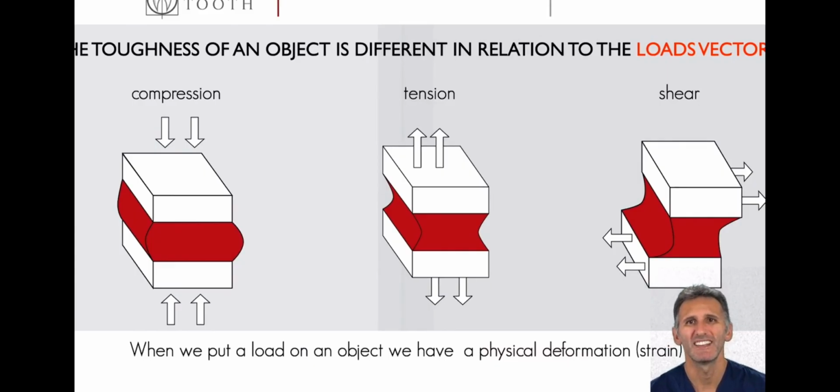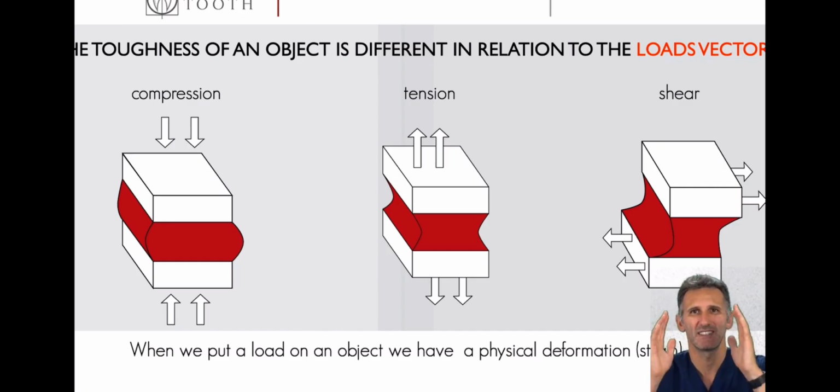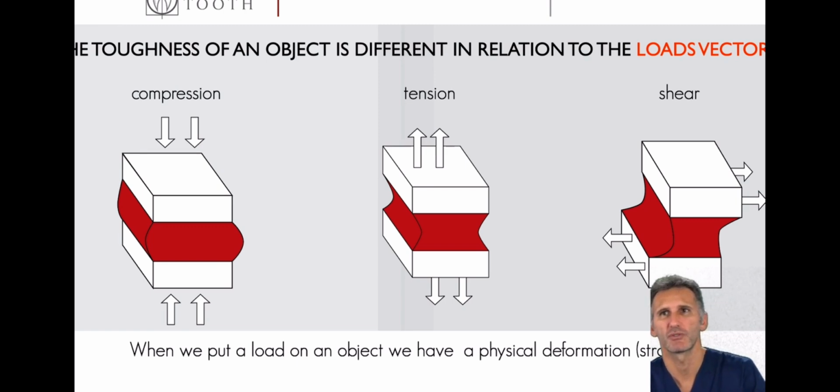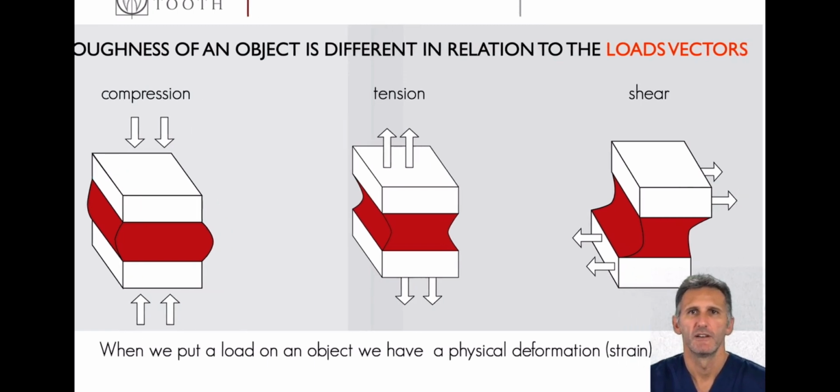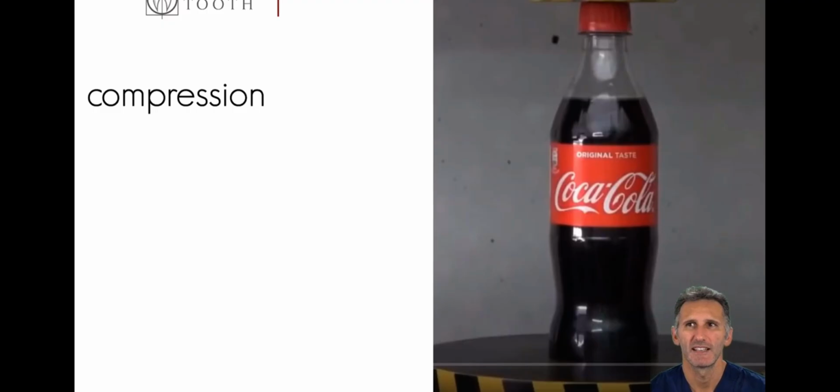So, according to the direction of the load, we have different kinds of situations. When we have a body and we try to compress it, we have a compressive force. When we try to stretch a body, there are tension forces, and we have a physical deformation.